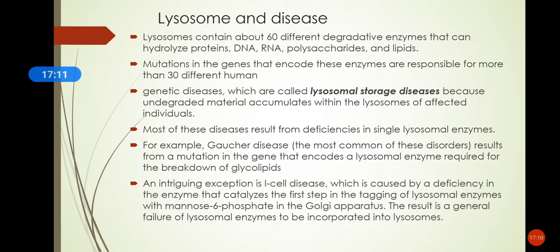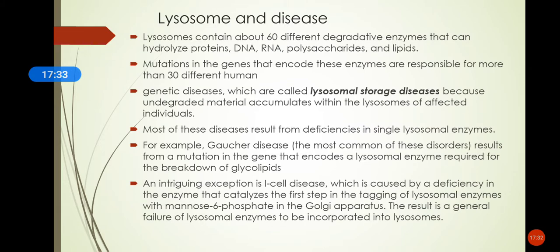So if there is a deficiency in the enzyme that catalyzes this reaction, they will not reach their targeted destination. They will not be incorporated into the lysosomes, and if they are not incorporated into the lysosome, they cannot do their function. That is what happens in I-cell disease.